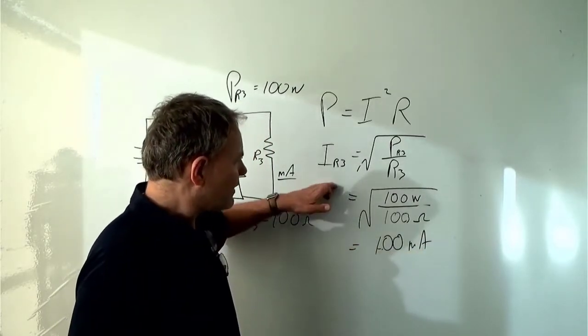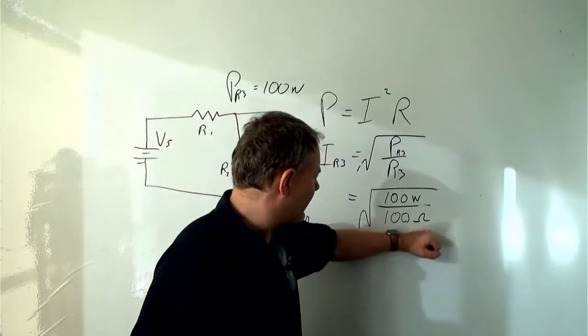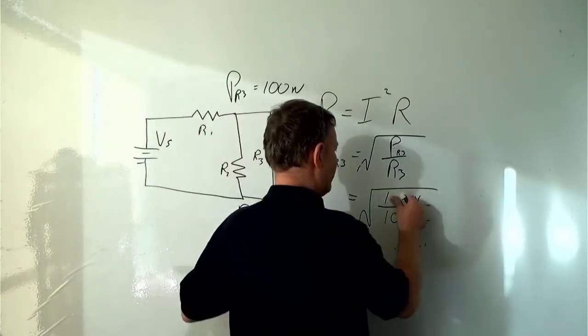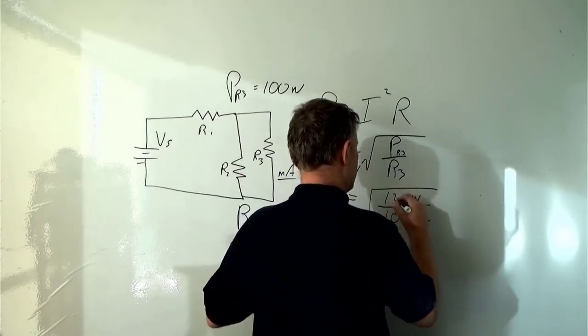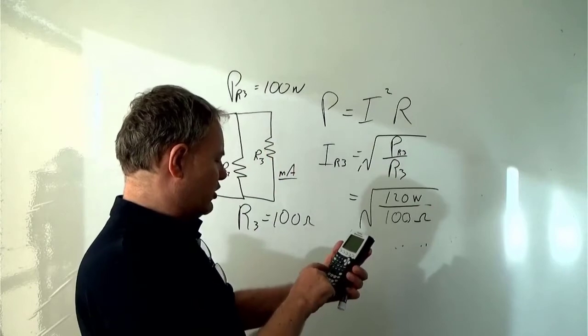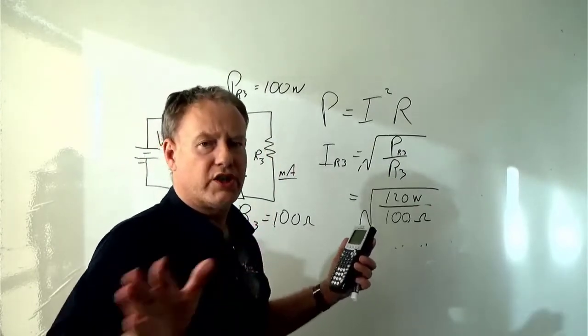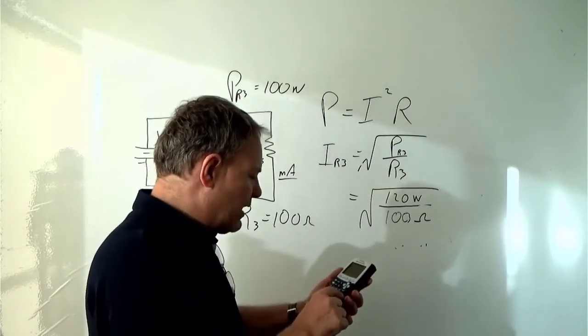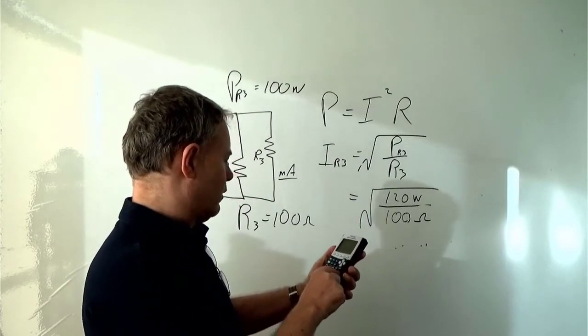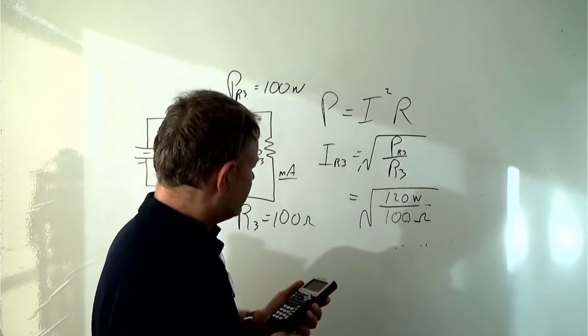And one more thing I wanted to say. Let's say this was a more complicated formulation, and that was 120 watts. Someone might want to go 120 divided by 100, so that's 1.2.